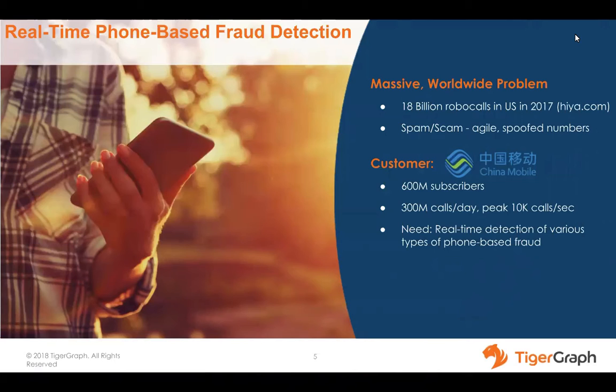Customers don't want to see this. So the telecom providers are looking at what they can do to increase customer satisfaction, to cut down on unwanted phone calls or ones that are leading to actual financial crimes.